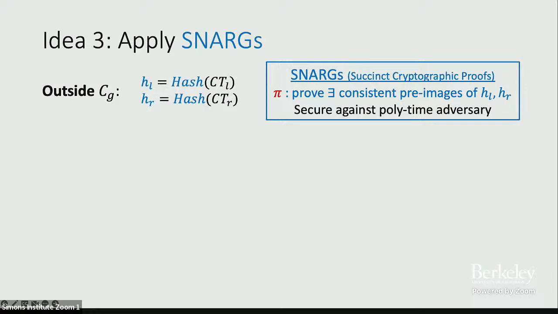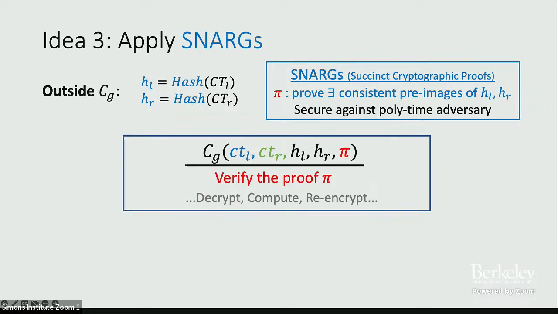And such a SNARG is only secure against polynomial time adversaries. So now I can modify the construction of CG as follows. We'll have this CG further take this proof pi as input, and it will internally verify this proof pi. And it will do the other things as before, such as the decryption, compute this gate G, and re-encrypt the output wire.